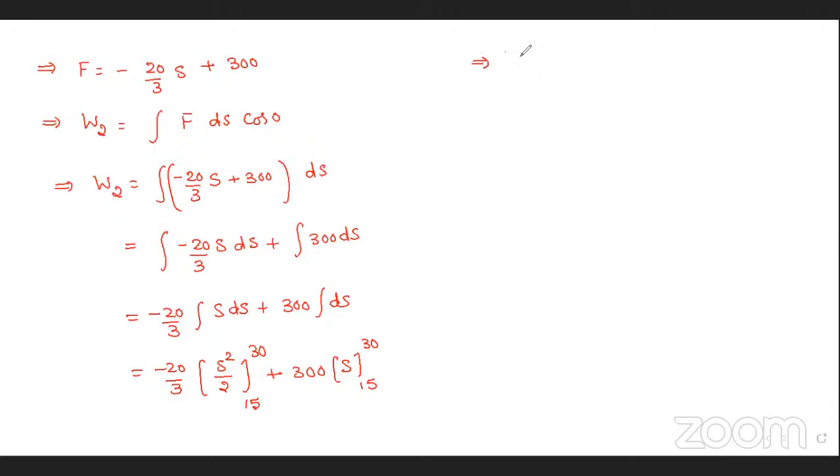That implies W2 is equal to minus 20 by, taking the 2 also out, 2 threes are 6, constant, and s square means 30 square, 900, minus 15 square, 225. First the upper limit minus the lower limit. Plus 300 into the upper limit 30 minus the lower limit 15.